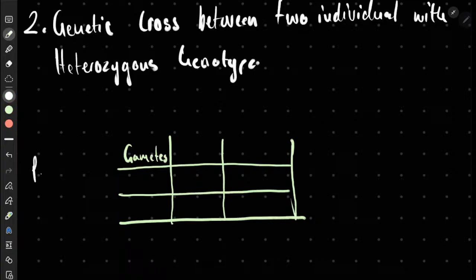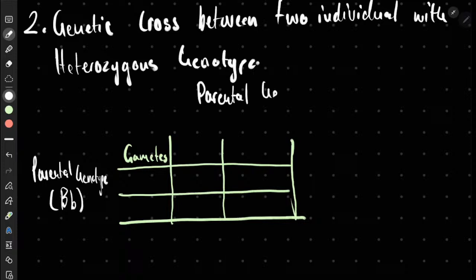Then here you write parental genotype. For the first parent, both of them are heterozygous, so it's big B, small b. Then here again, parental genotype, big B, small b. Are we together?